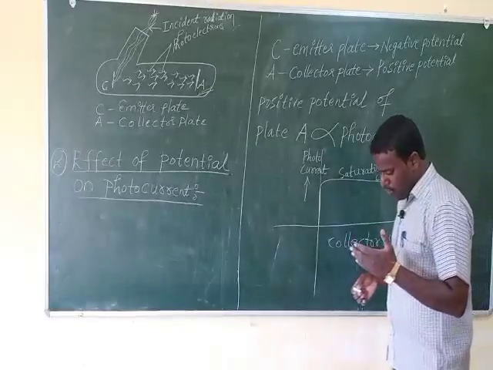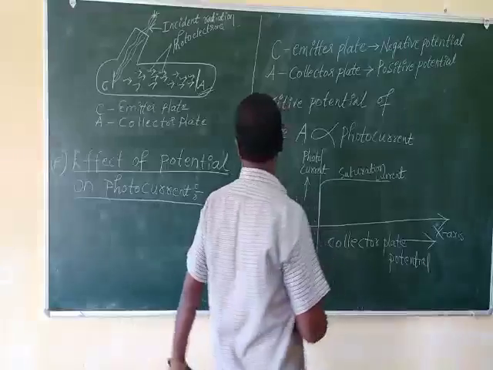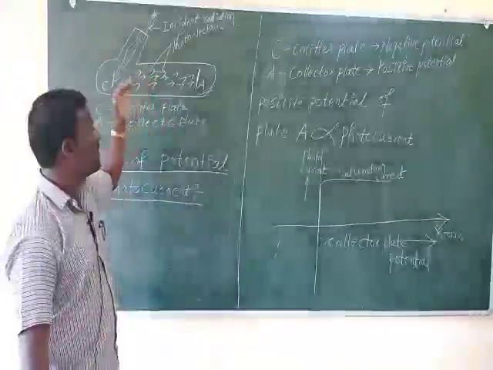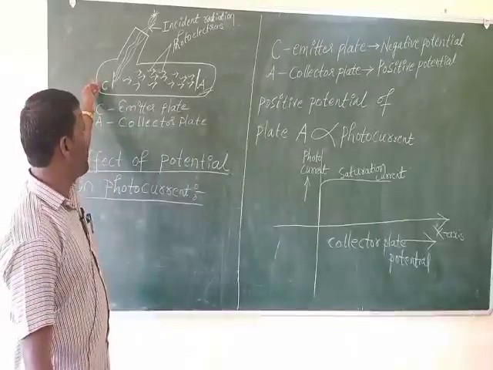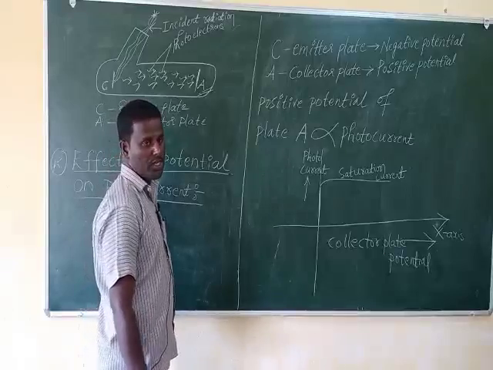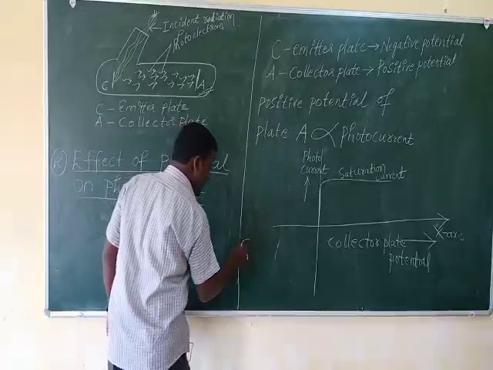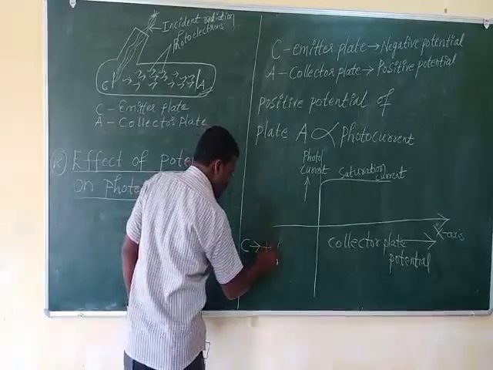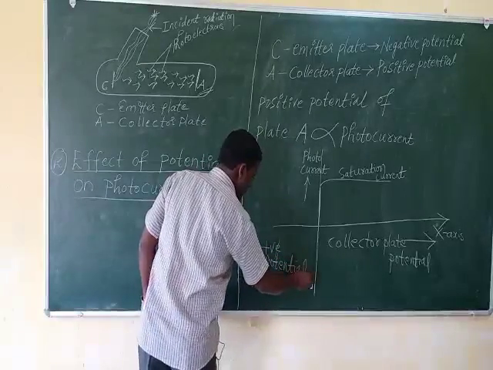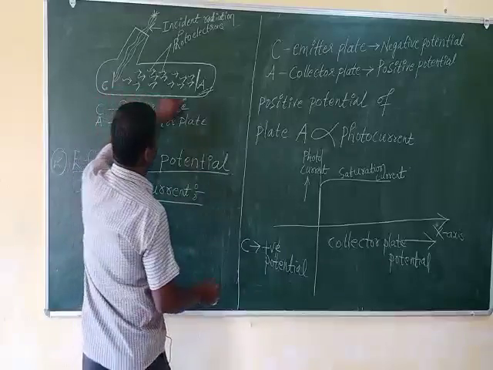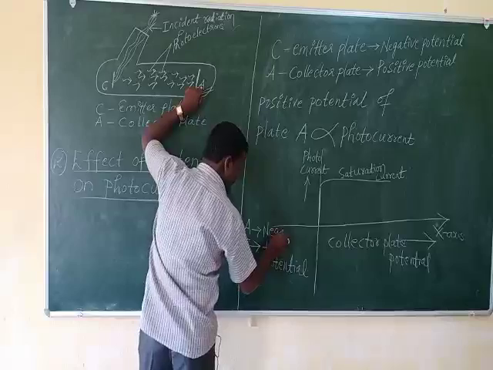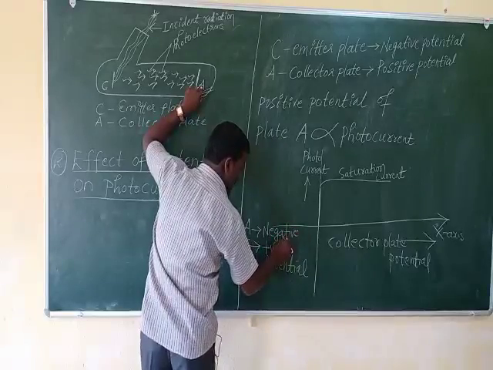Now for the time being we shall discuss another thing. Here I am reversing the polarity. It means C, which was initially negative, is now made to have positive potential, and plate A is adjusted to negative potential.